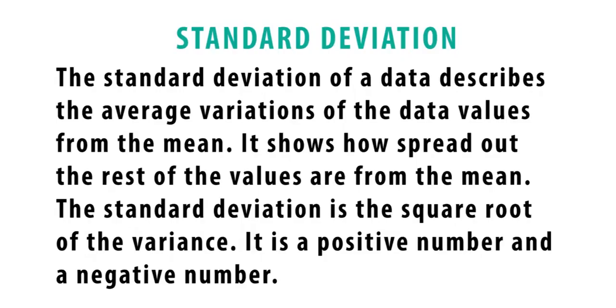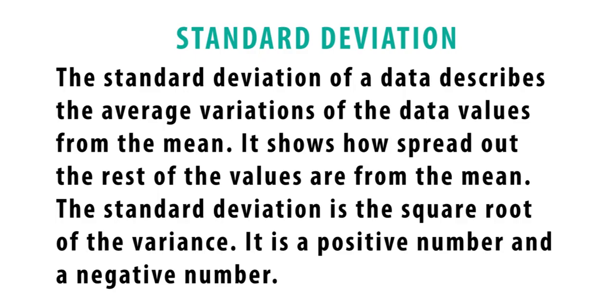Now let's look at the standard deviation. The standard deviation of a data describes the average variations of the data values from the mean. It shows how spread out the rest of the values are from the mean. The standard deviation is the square root of the variance. Because we have taken the square root of a value, it can be either positive or negative.